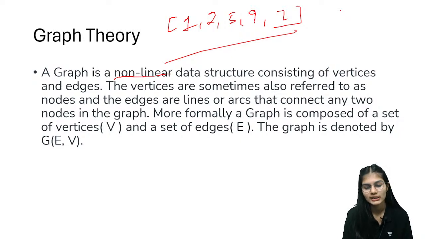These are all linear data structures because you put in the brackets, and inside that you store the values. That is what we were doing till now. But when I told you about trees, I introduced you to nodes, right? I told you this is a parent node, this is a child node. These are the nodes which you have to work over. Similarly, under graphs also, you have the nodes, the vertices, and the edges which you work with.